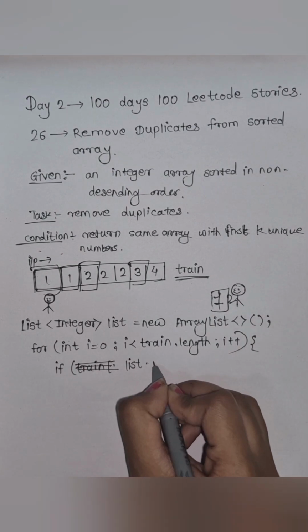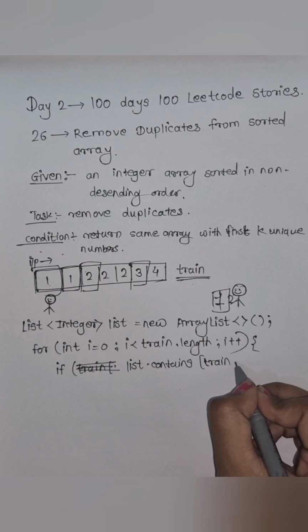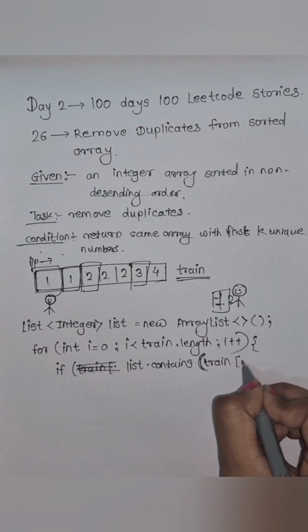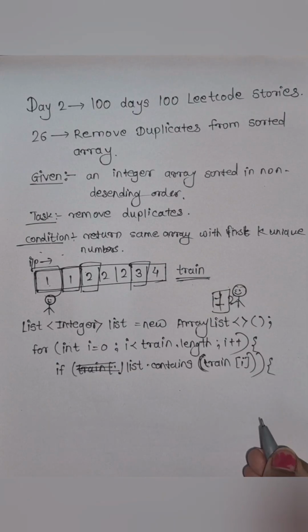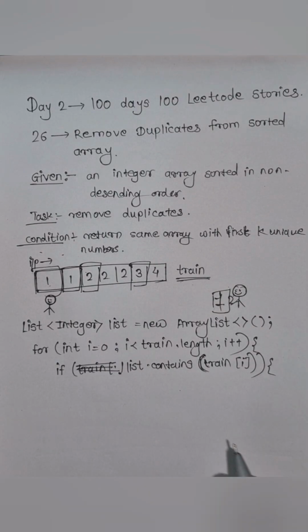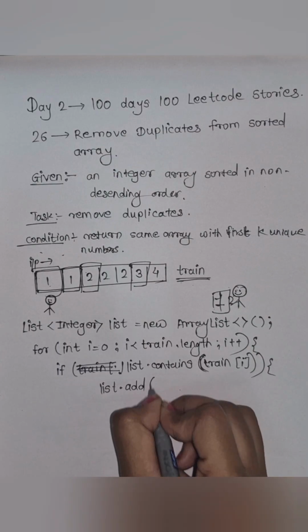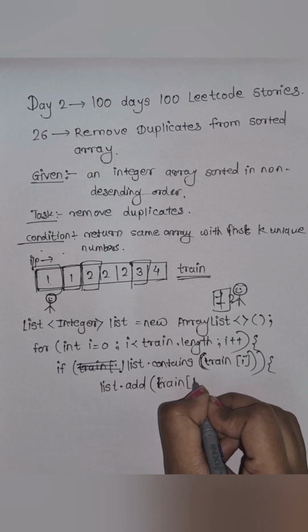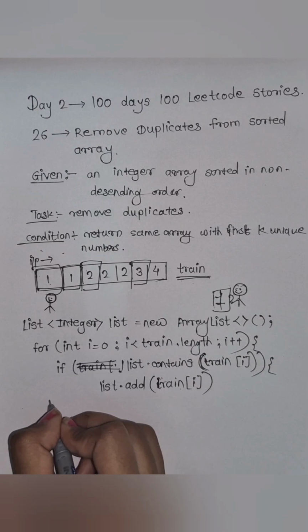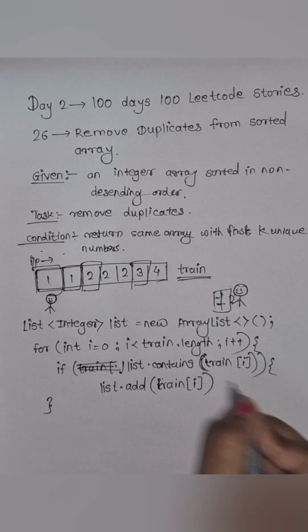So list.contains(train[i]), not contains. If it's there, then do not add, but if it is not, then add it. Then list.add(train[i]). The list will store all the unique elements.